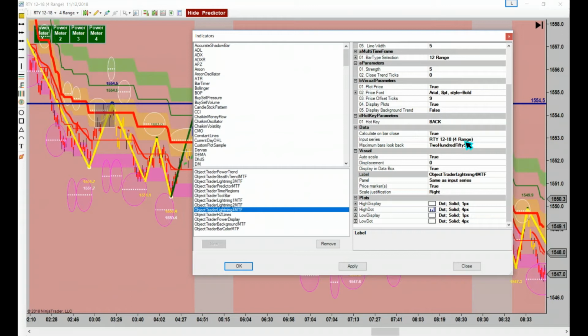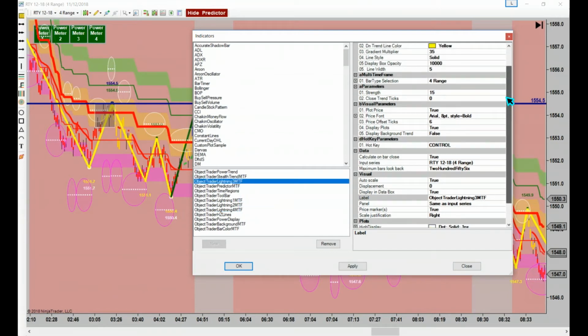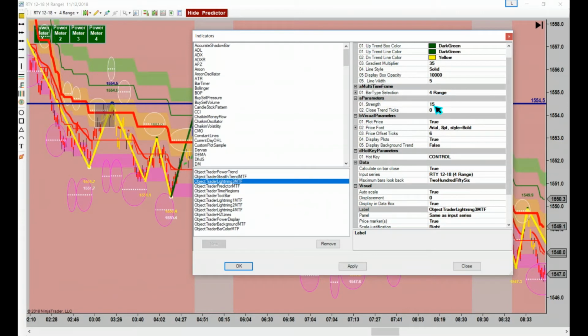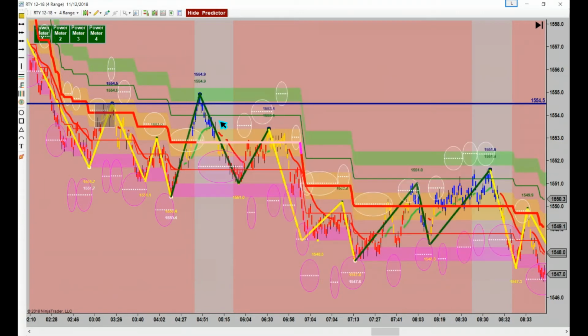And all you have to do to put it on your chart, to give an example, Lightning 3, which is right here, Control key, this is set on a 4 range 15 swing strength. And all I have to do is just click, hold my control key down and click, and see it'll draw it anywhere that I draw it from. Just like that. Okay?